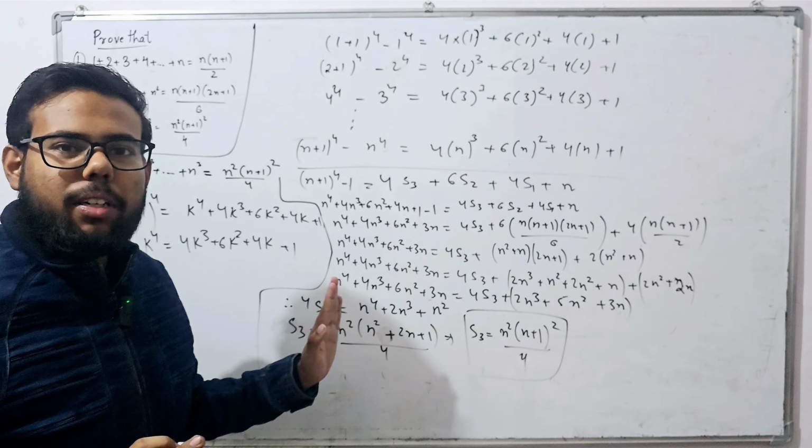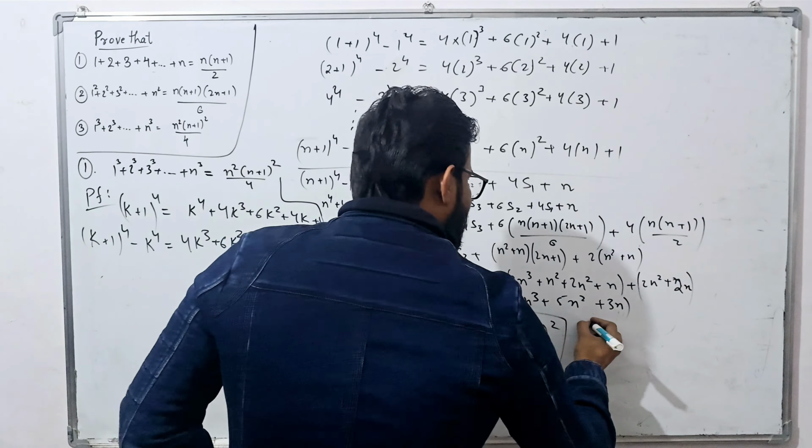And one thing to be noted over here is that this s3 is also equal to (n into n plus 1 by 2) whole square, which proves that 1 cube plus 2 cube till n cube is equal to (1 plus 2 plus 3 and so on till n) whole square, right?